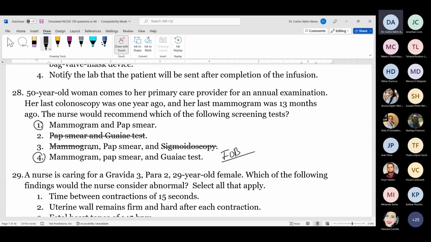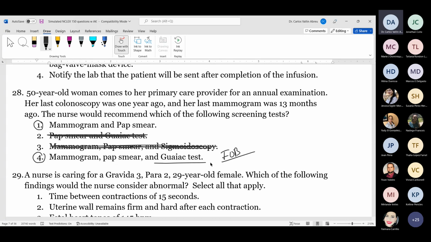And so we rule out 3 because sigmoidoscopy is not needed. We rule out 2 because it's ignoring the mammogram, which is the most important that is due. So it is 1 or 4, because they include mammogram and pap smear. But 4 includes the WIAC test, and you need to know that the fecal occult blood WIAC test is recommended every year.